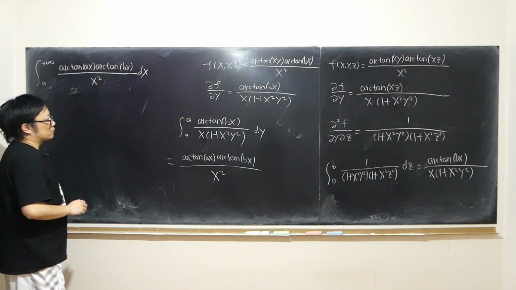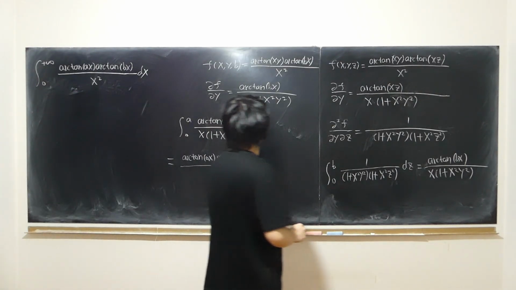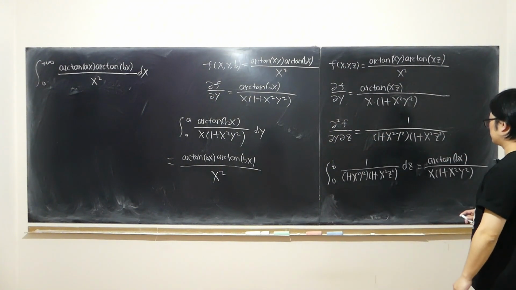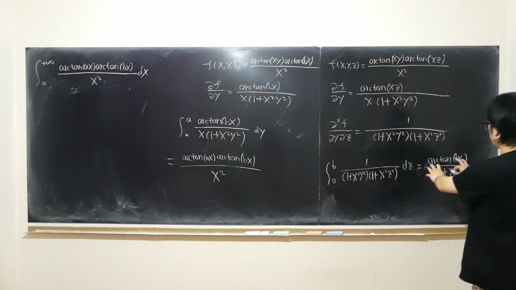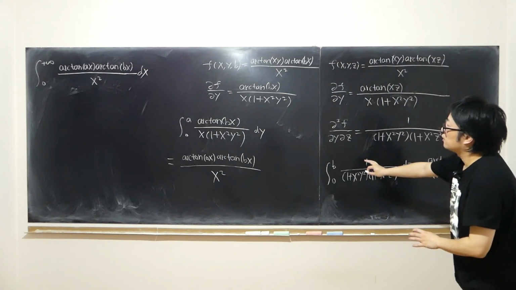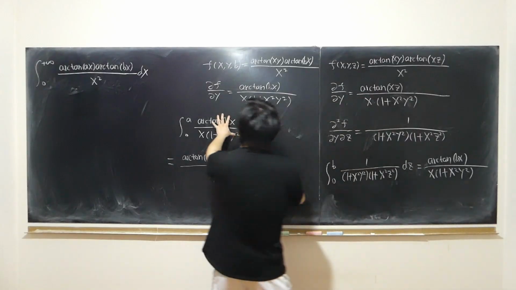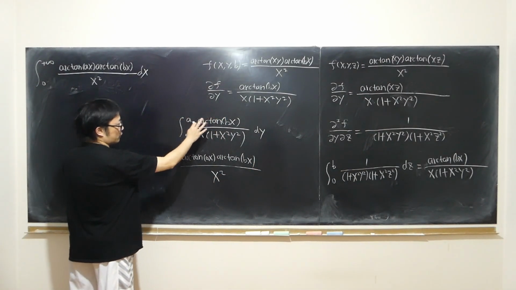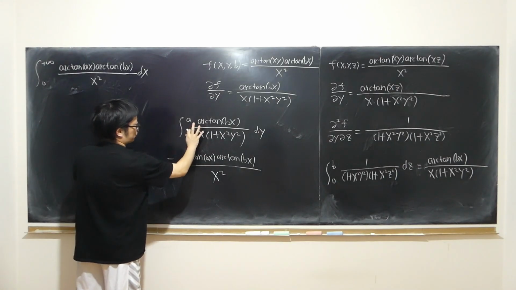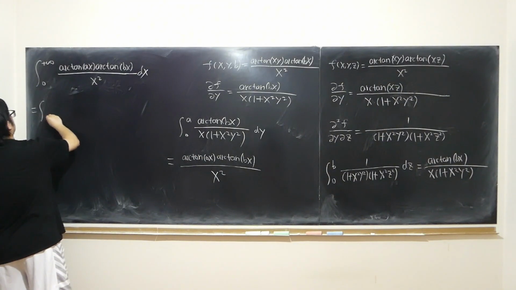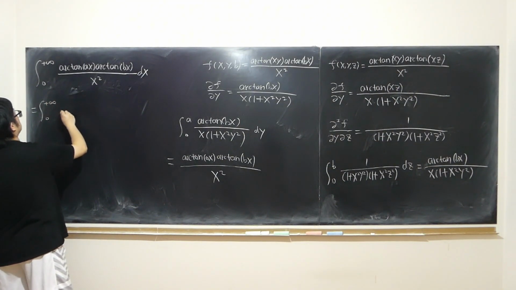I also remember this one is also in the formula of definite integral. I can use this one also, from 0 to b on that one. So here, 0 to positive infinity.